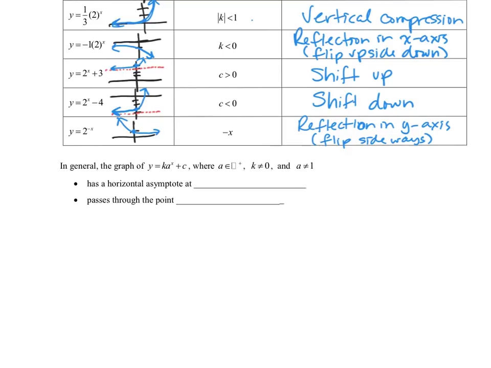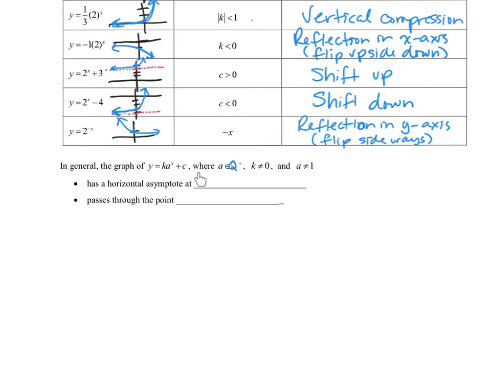So we can generalize this whole chart in just a couple of statements here. In general, the graph of y equals k times a to the x plus c, where a is an element of, for some reason the computer didn't recognize that symbol, put a capital Q there, where a is a positive rational number, and where k is not equal to 0 and a is not equal to 1.